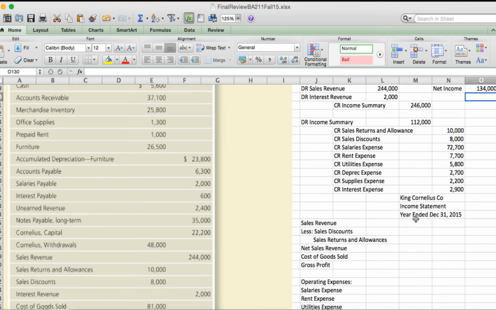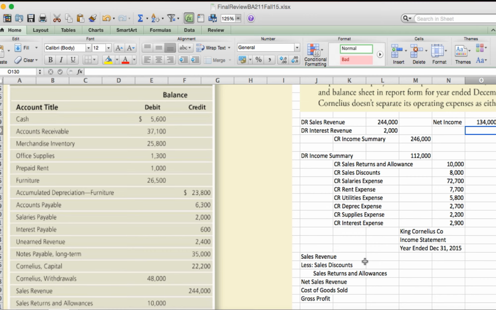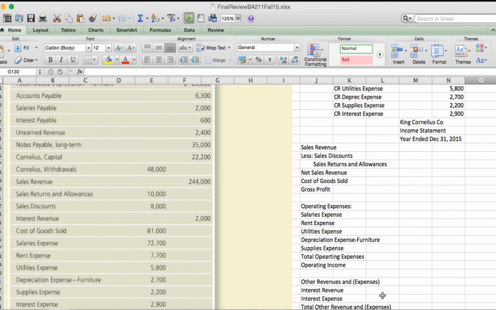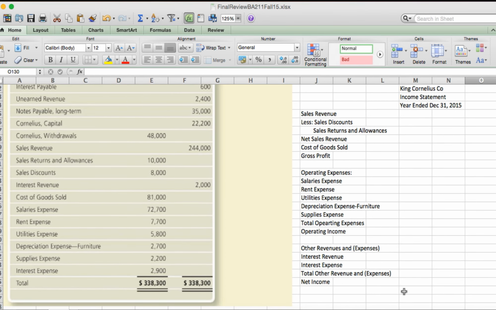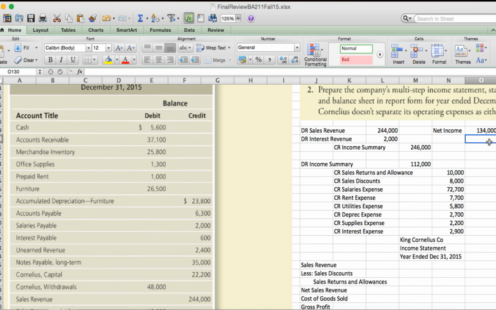So we're going to take that number right there, and we're going to check it against the income statement to make sure that we got the right number, because the income statement totals to net income at the bottom. When we get to the total here, that should equal the net income that we calculated using this closing entry and looking at what was inside the income summary account.